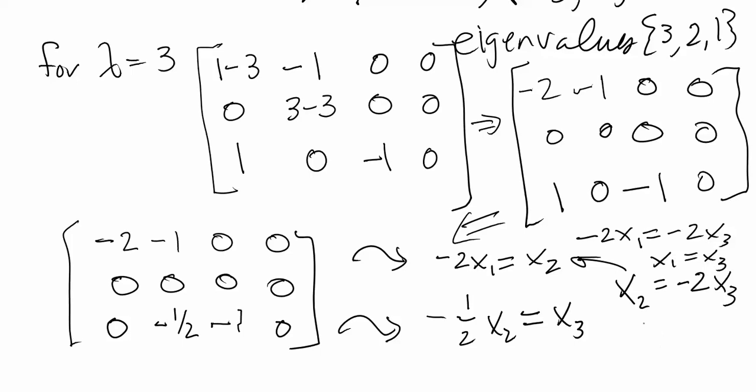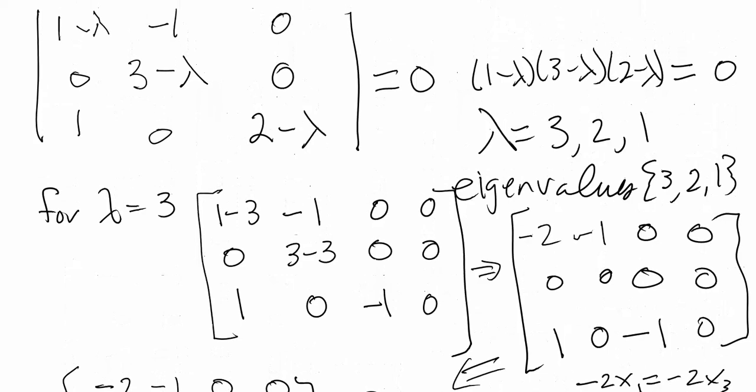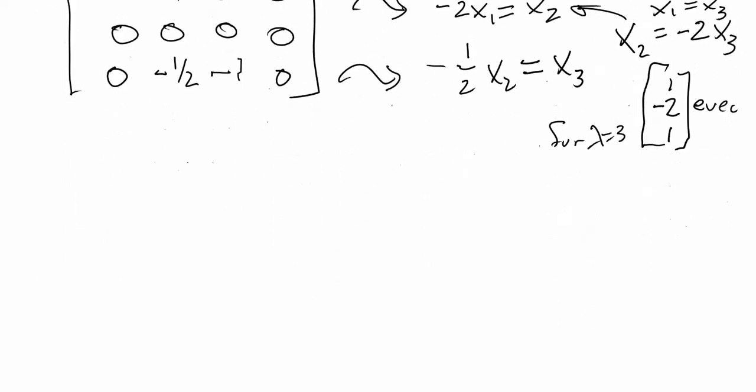So if we arbitrarily pick an x3 equal to 1, we would know that x2 is equal to minus 2, and x1 is equal to 1. And that's the eigenvector for lambda equals 3. So far we've found one eigenvector associated with the first eigenvalue.